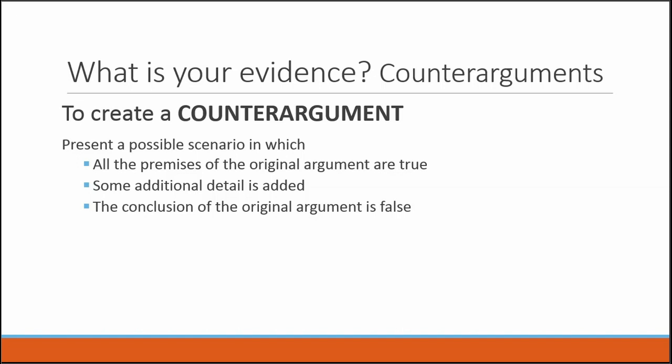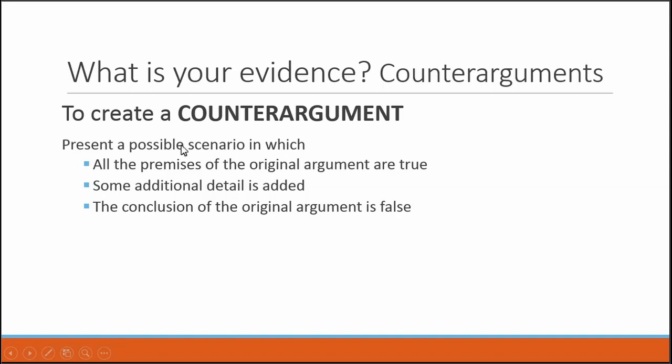When you create a counterargument, you present a possible situation in which all of the premises of the original argument are true, but you add some additional detail which makes it turn out that the conclusion of the original argument is false. Now I want to point out that the scenario only has to be a possible scenario.